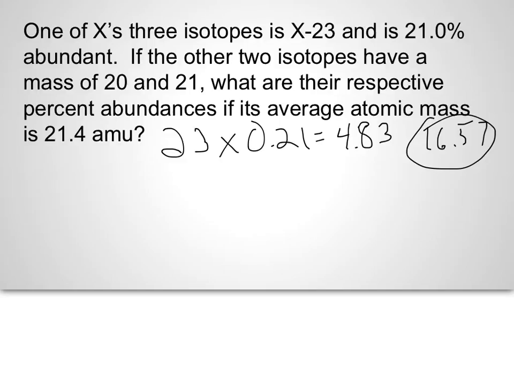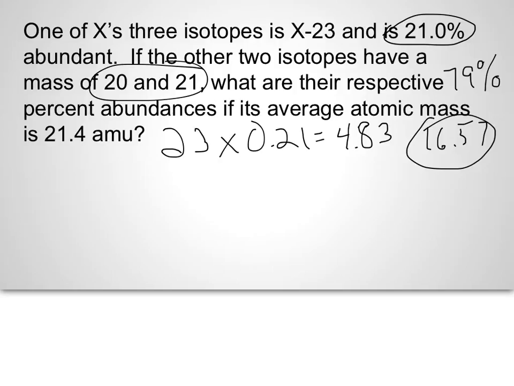The other thing that we know, that we can use, is the fact that all three isotopes have to add up to a total percentage of 100, which means if the first isotope is 21, then the other two have to combine to make up the other 79%. That's just a fact because it's a percentage.